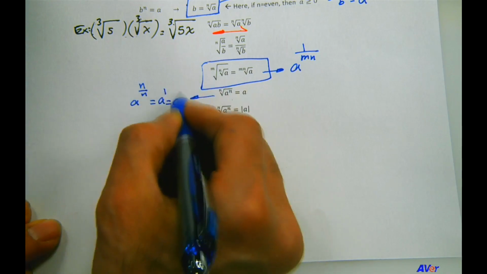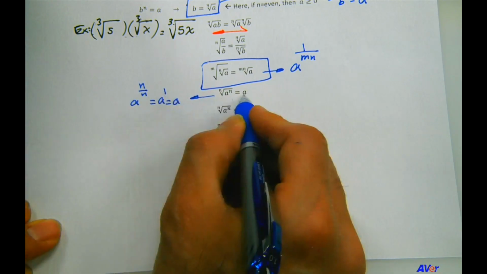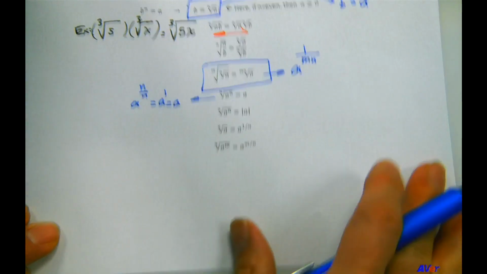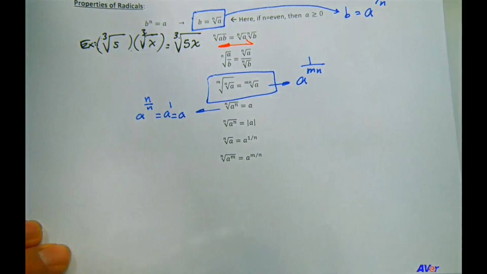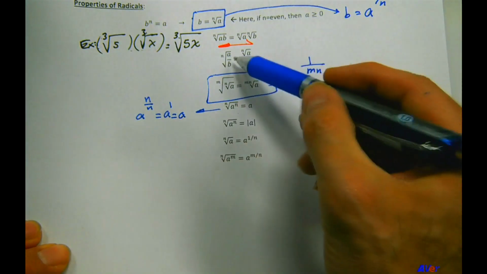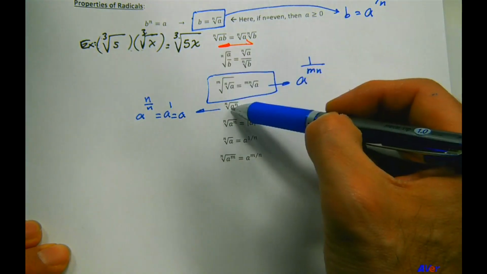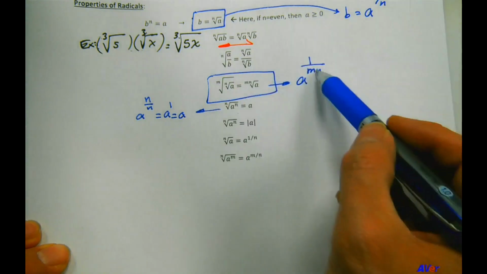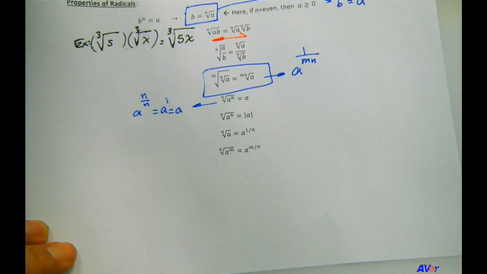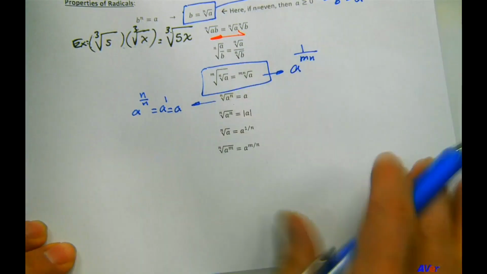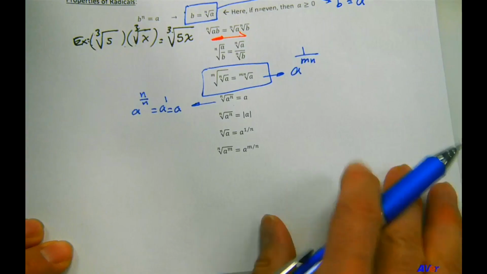So a to the first power is a, which is what you have there. Again, it's extremely helpful if you can train your mind and eyes to think of a radical expression as an expression with a rational exponent. If you can train your mind and eyes like that, you'll get this. These properties will be very, very useful to you.